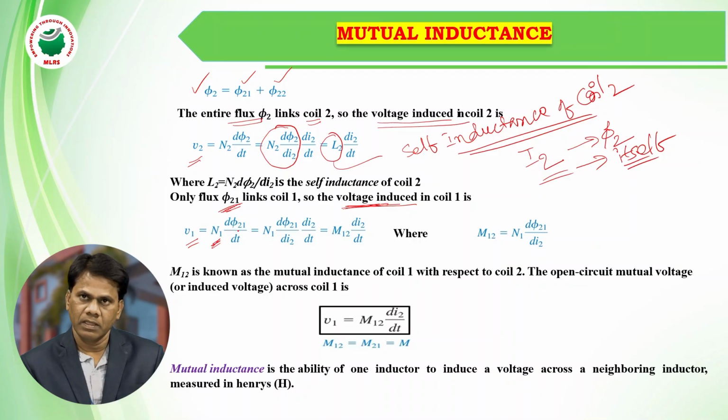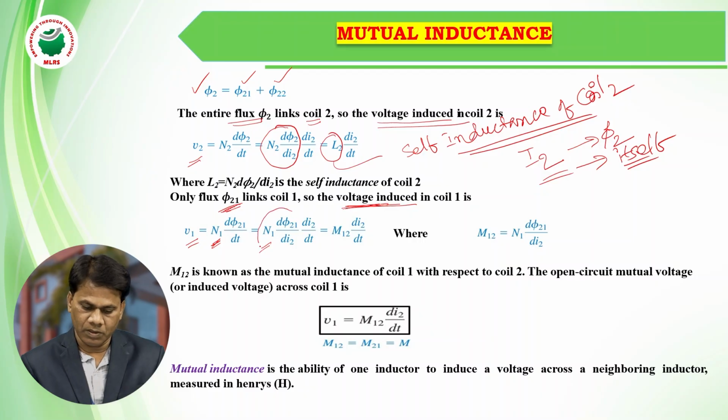The flux linking with coil 1 this time is phi 21, due to current in coil 2. So V1 can be written as N1 d phi 21 by di2 times di2 by dt.